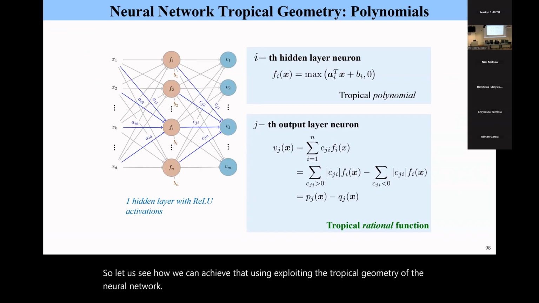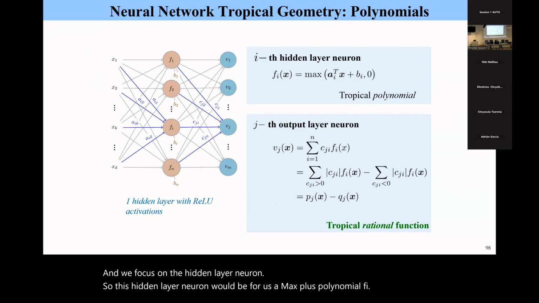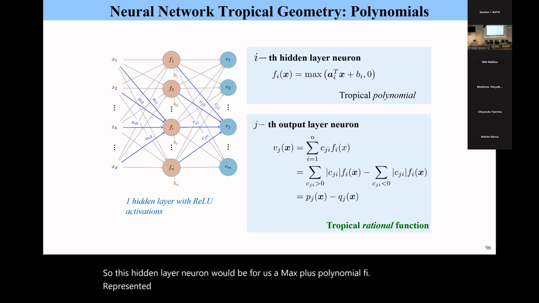Suppose we have one hidden layer and we focus on the ith hidden layer neuron. This hidden layer neuron would be for us a max-plus polynomial Fi, represented with its parameters that are the slope vector and bias vector Bi.